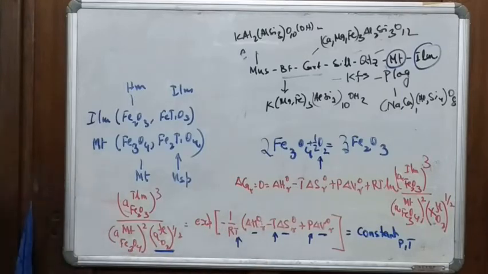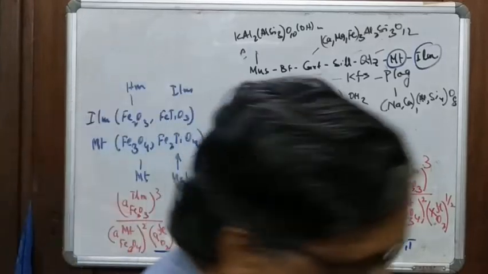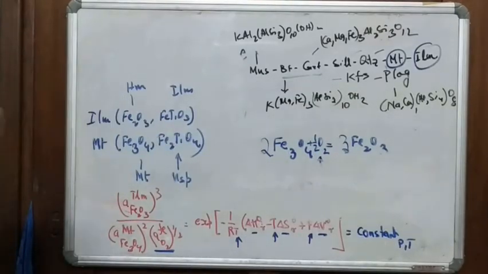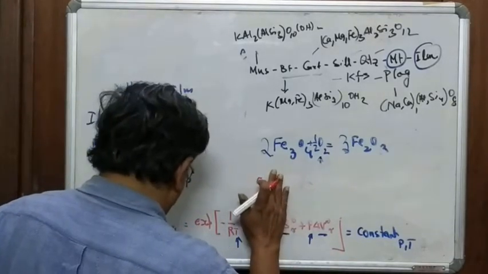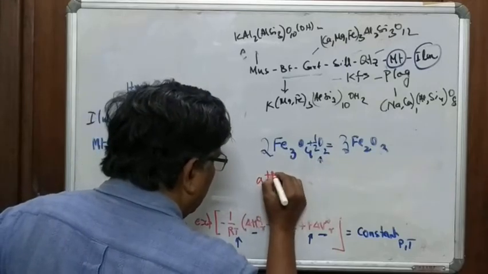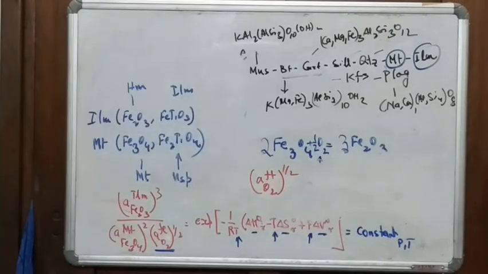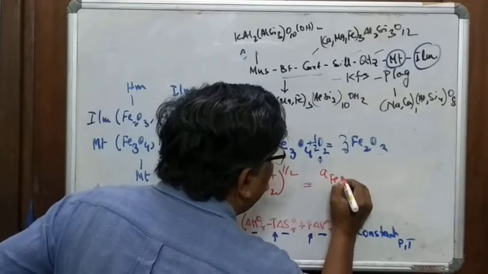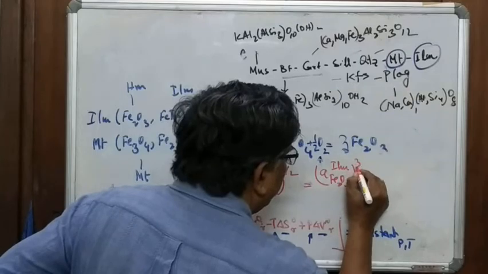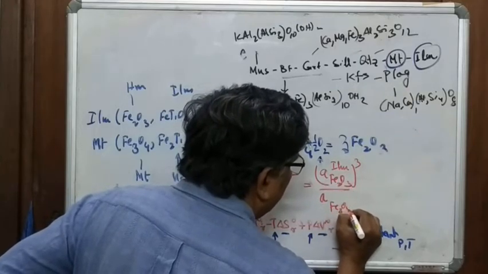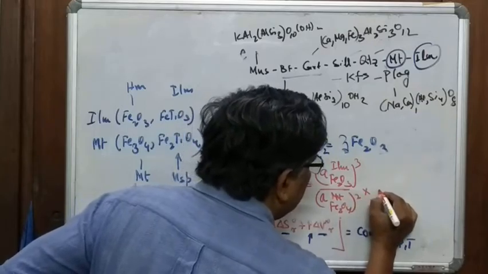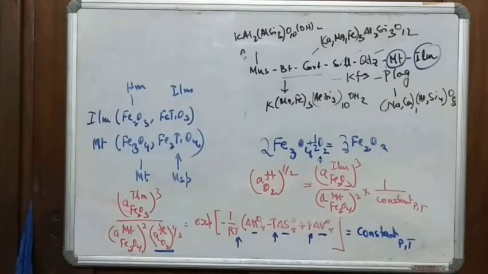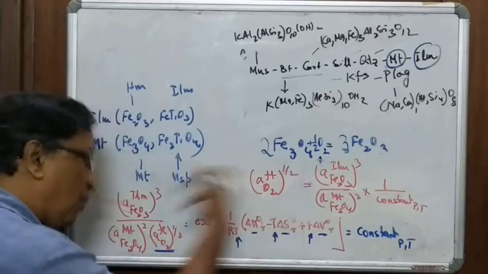So what you do is, essentially your activity of O2 in the fluid phase would be equal to activity of Fe2O3 in ilmenite whole cube divided by activity of Fe3O4 in magnetite squared into 1 by constant PT. Isn't it? This is what it will become.